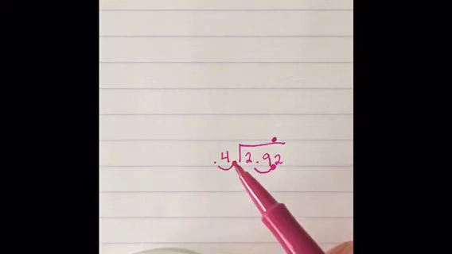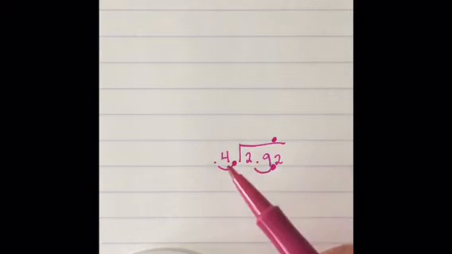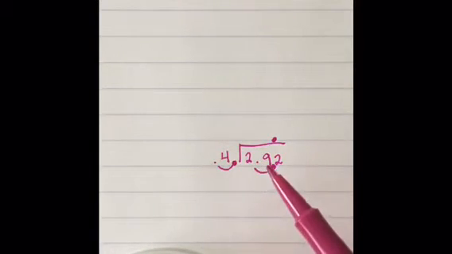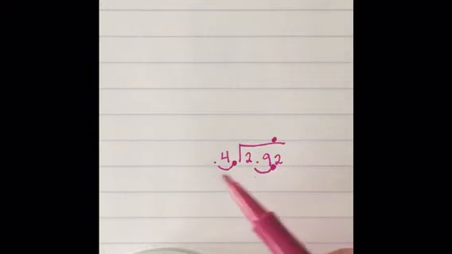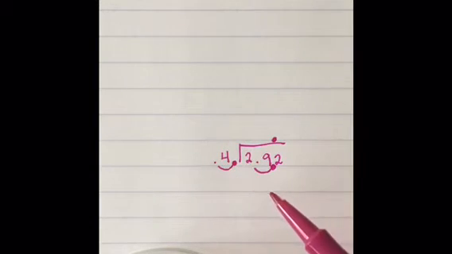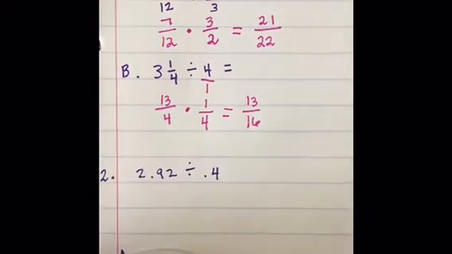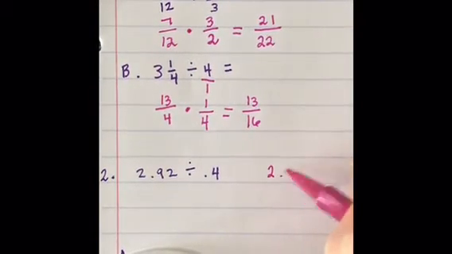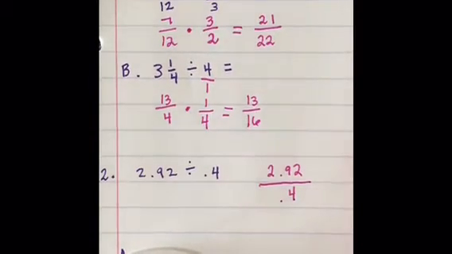So now instead of saying 2.92 divided by 0.4, it says 29.2 divided by the whole number 4, which of course is easier. So what they tell you when you see a problem like this is look at the number that you're going to be dividing by. So that's going to be the number in your denominator. We could write this as 2.92 divided by 0.4.